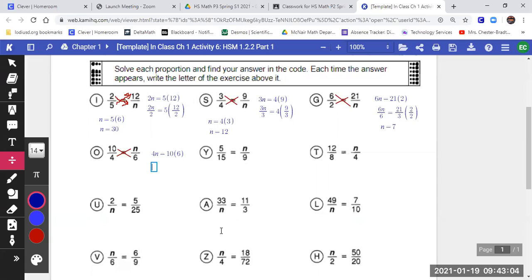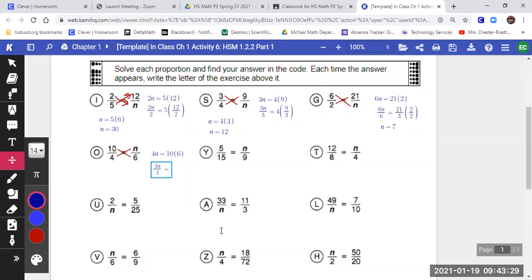Divide 4n by 4, but I have to divide the other side by 4 as well. And does 4 divide evenly into 10 or into 6?